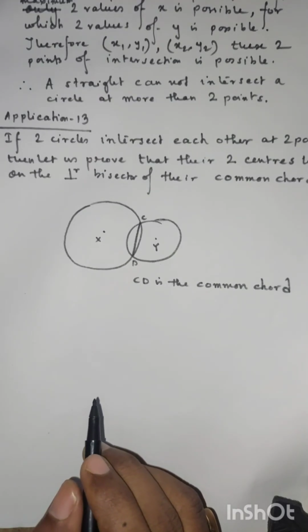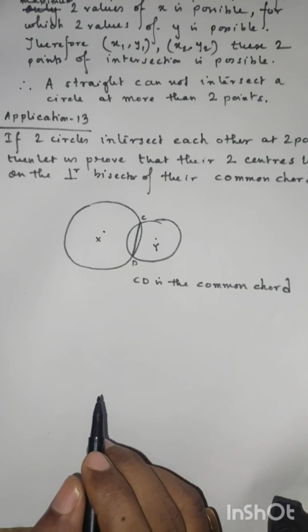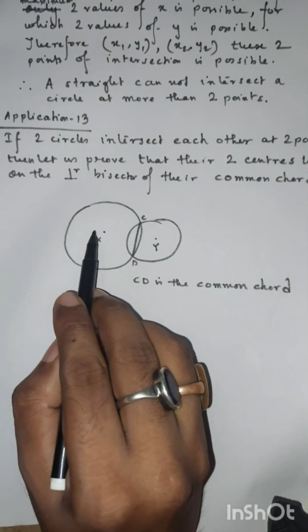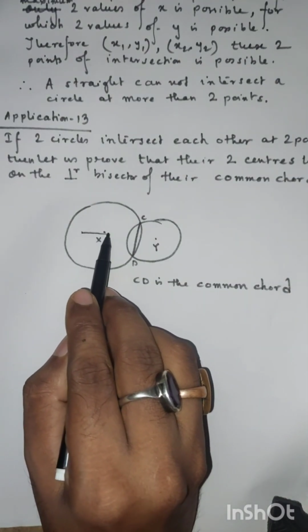We have to prove that their two centers lie on the perpendicular bisector of their common chord. So let us say this is the perpendicular bisector.